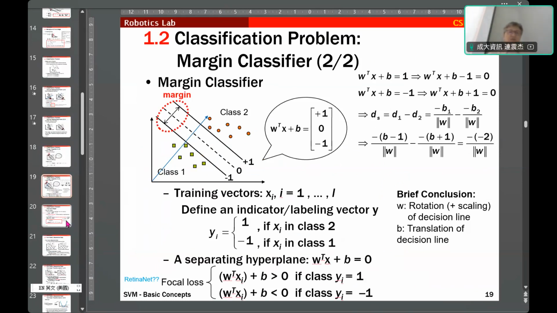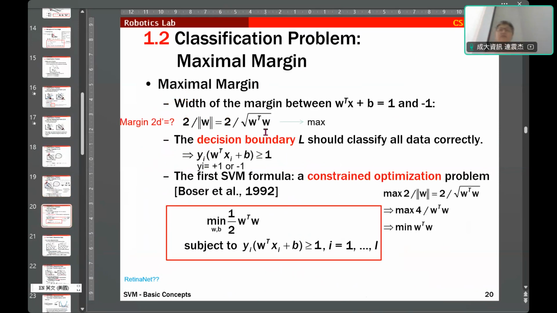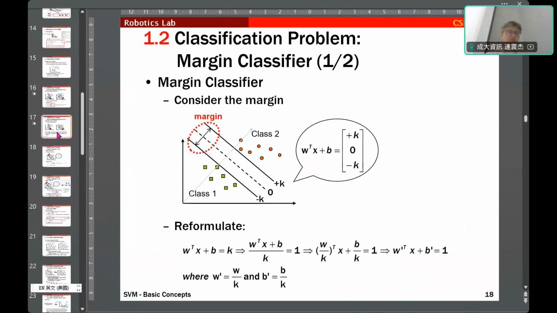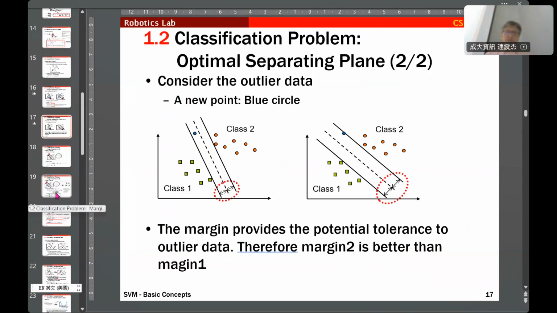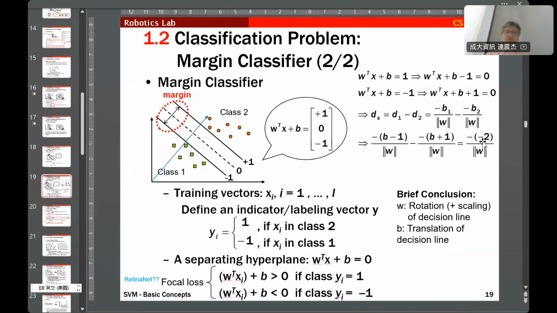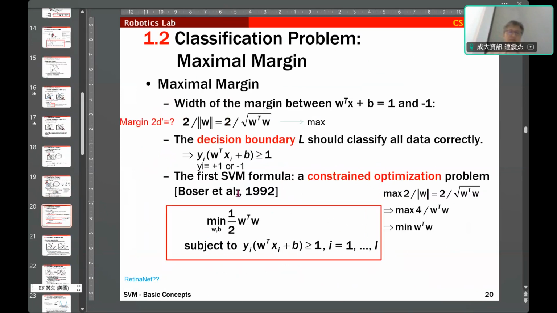So we continue. So the answer is this one. For any margin, the distance between two lines, this margin will be this one. This one is from this one. So the distance, the margin is this ds equal to this one equal to this one, right?